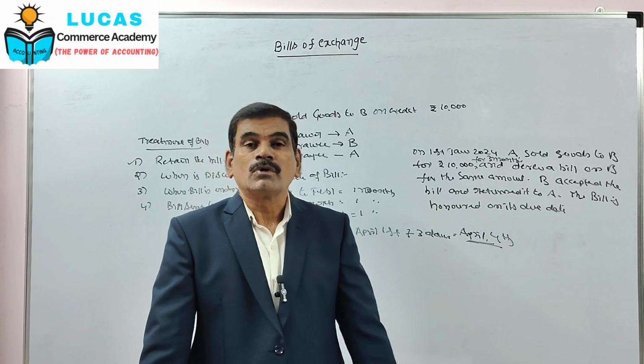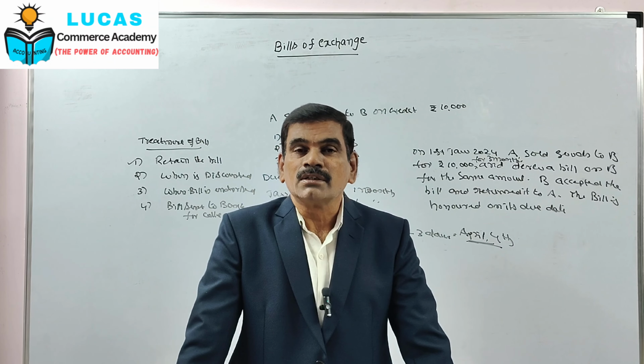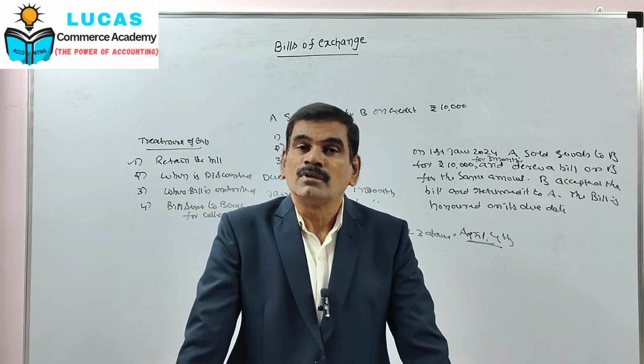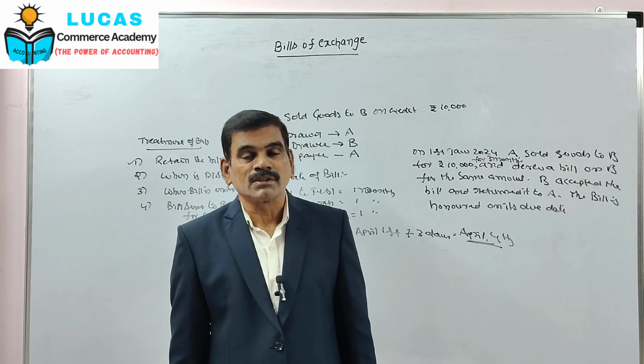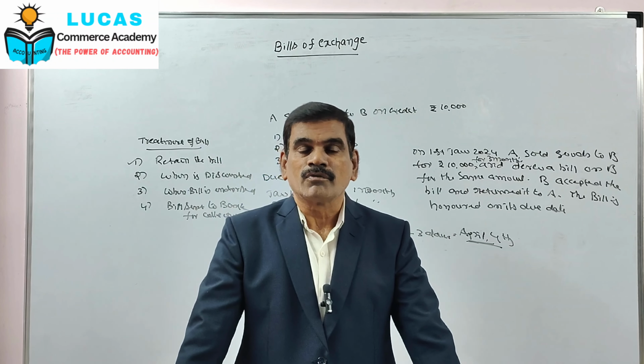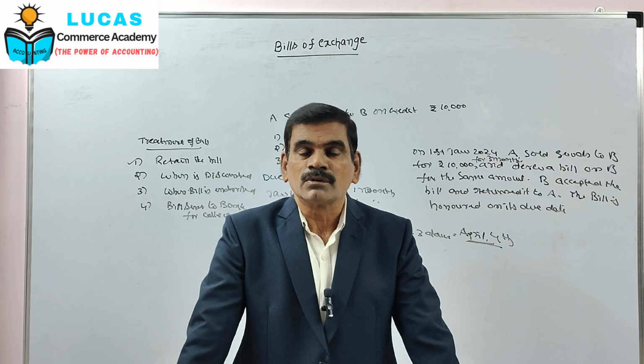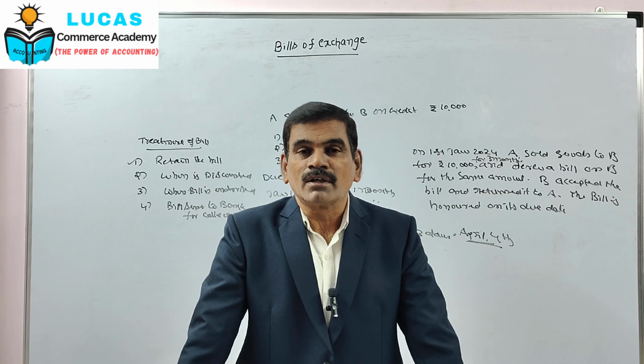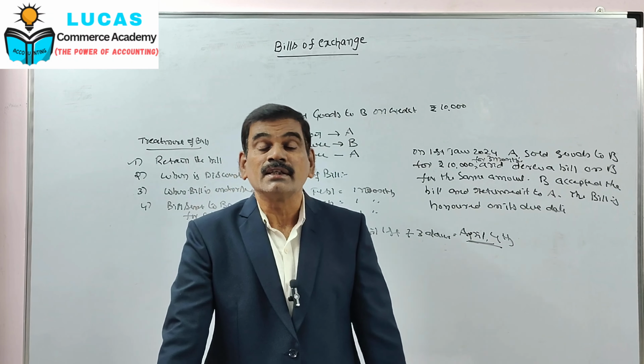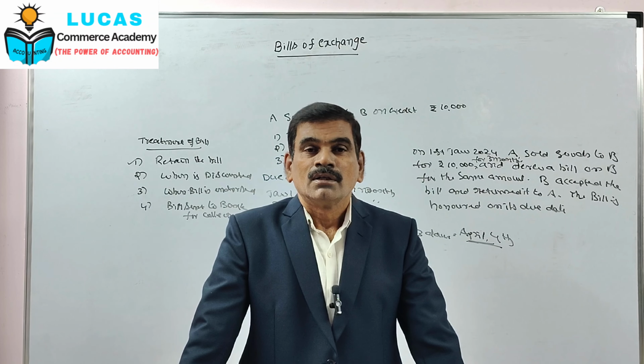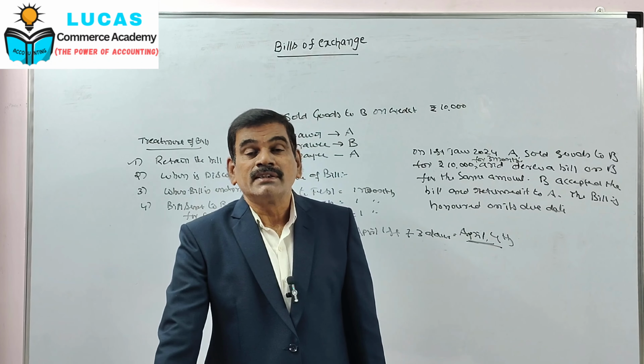Then come to drawee. What journal entries are to be passed in the books of drawee? The first one is on 1st January 2024 when goods purchased from A. Purchases account debit to drawer, that means A's account. Second, on the same date the bill is accepted.